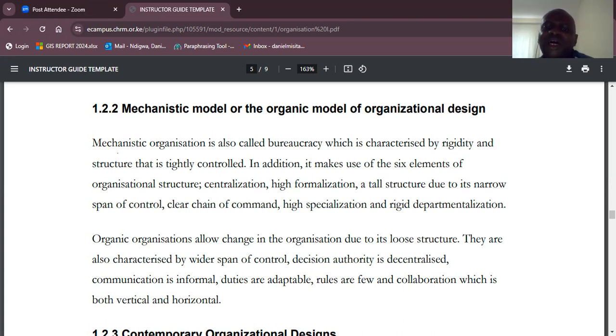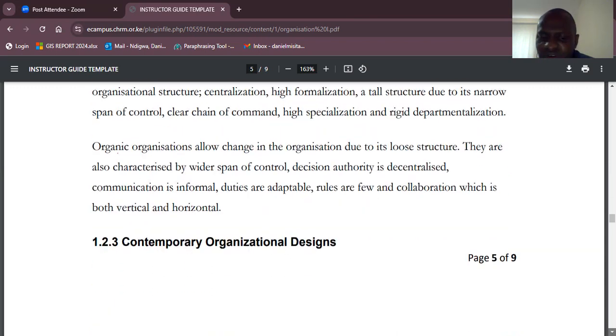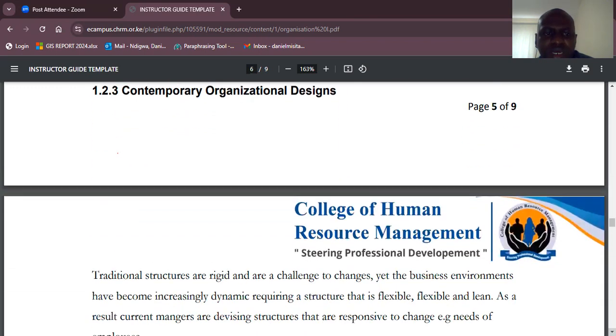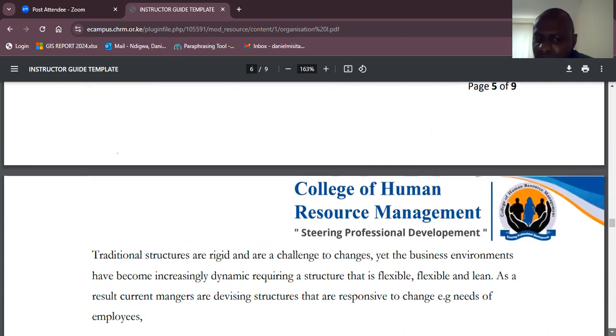But on the other one, which is mechanistic structure, you will find that we have a lot of red tape, or a lot of barriers, and it makes the process become very, very rigid. The other one is contemporary organizational structure.